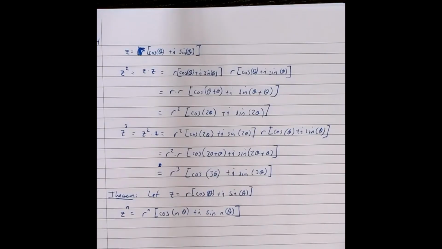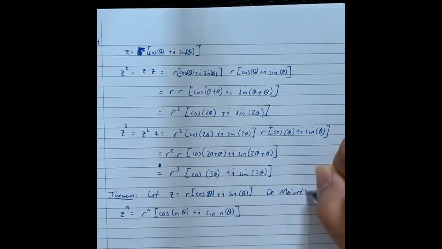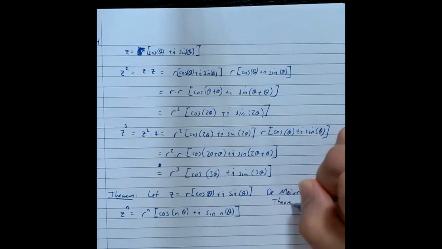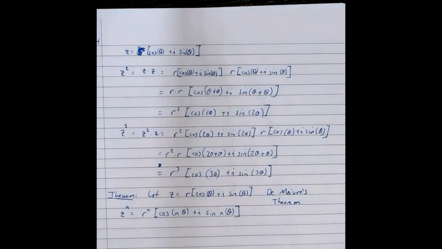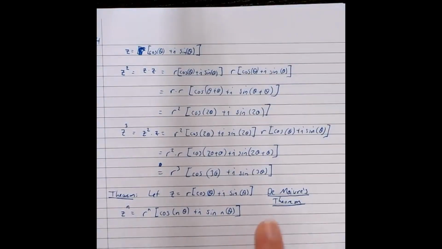In fact, I probably should have written that first, but let's go ahead and write it over here to the side. This is called de Moivre's theorem. In mathematics, there's a convention that if you are the first person to discover a mathematical truth, oftentimes we name the theorem after you.